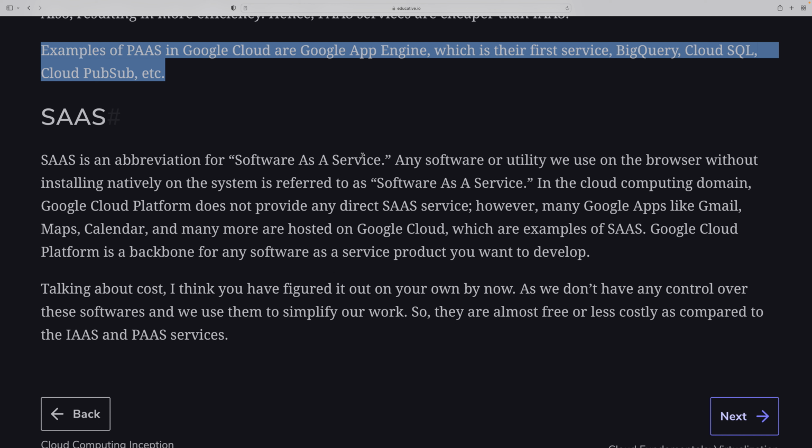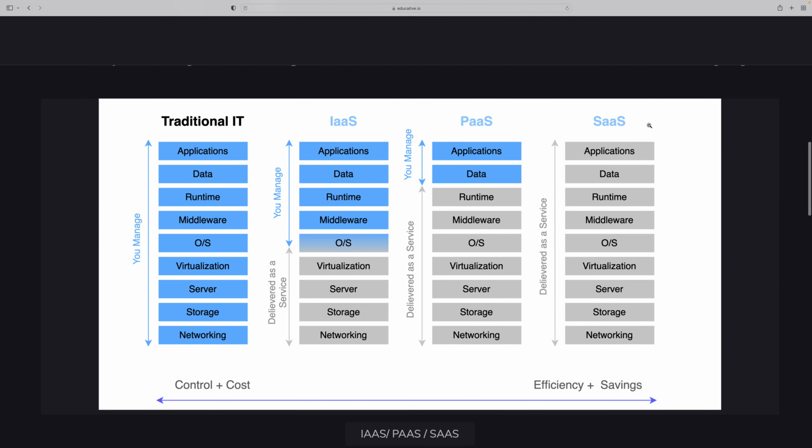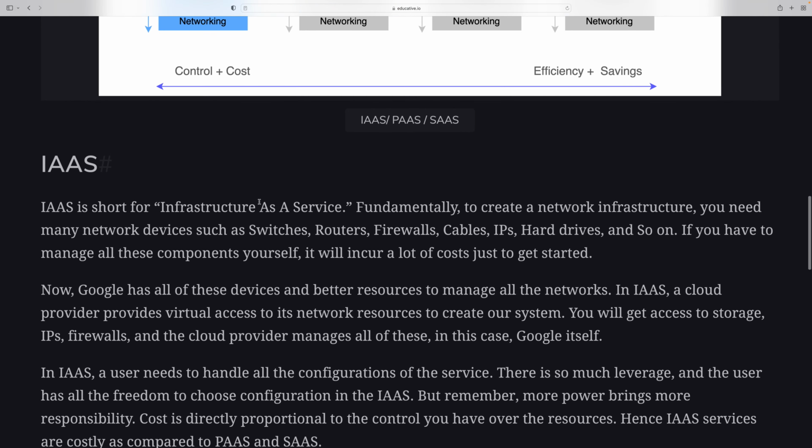Talking about cost, you don't have control over the software, and it simplifies your work, so they are almost free, less costly compared to IaaS and PaaS. Mostly people focus here, and some companies use this because, as mentioned, with data and application, the traditional image is very expensive.